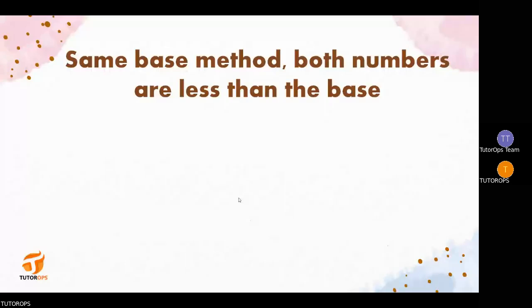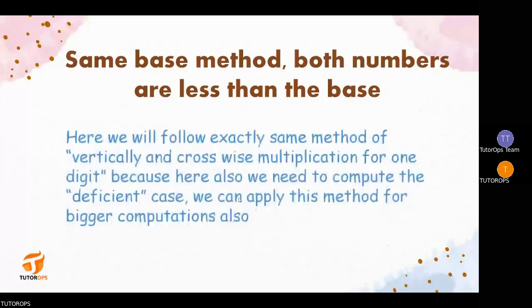the same base method, where both numbers are less than the base. Now, what will happen for the numbers which are less than the base? Here we will follow exactly the same method as we followed for vertically and crosswise multiplication for one digit. Because when we were doing vertically and crosswise multiplication for one digit, remember, all digits were with deficiency, right?